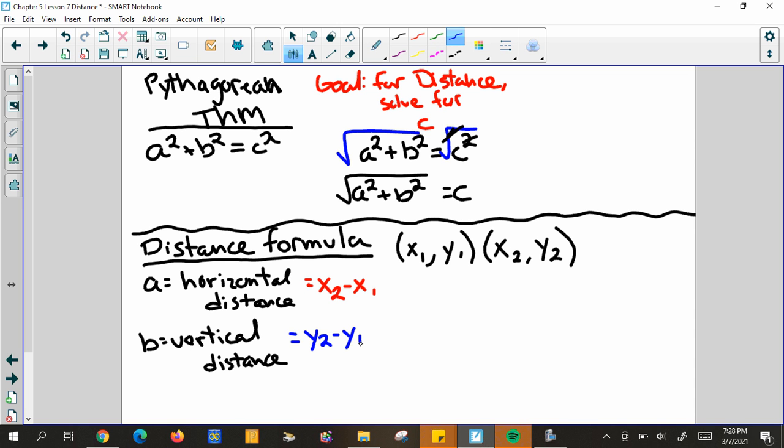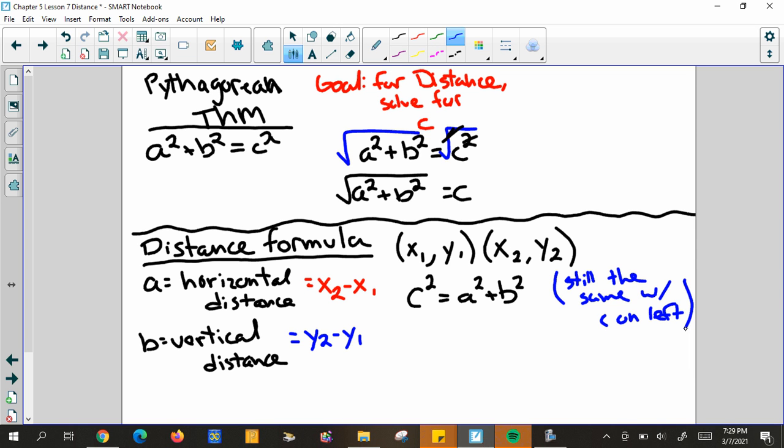Now, I'm trying to solve for C. And we're saying that C squared is equal to A squared plus B squared. It's still the same, even though I wrote the C on the left.